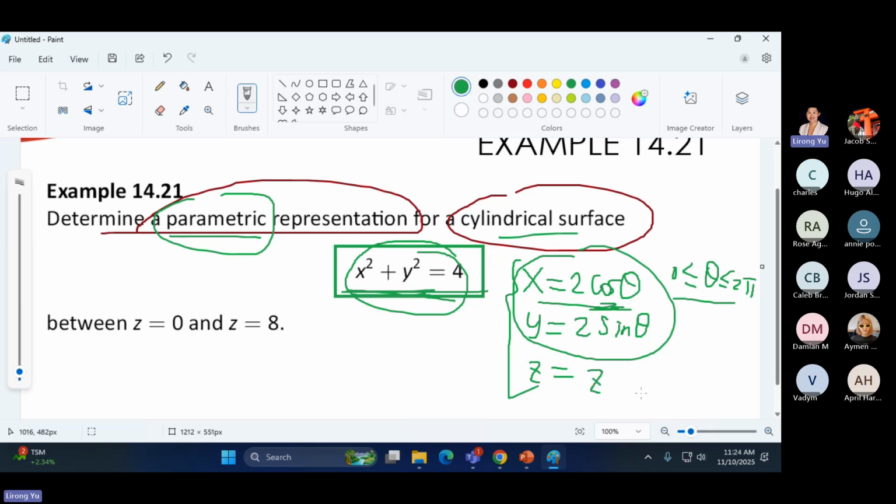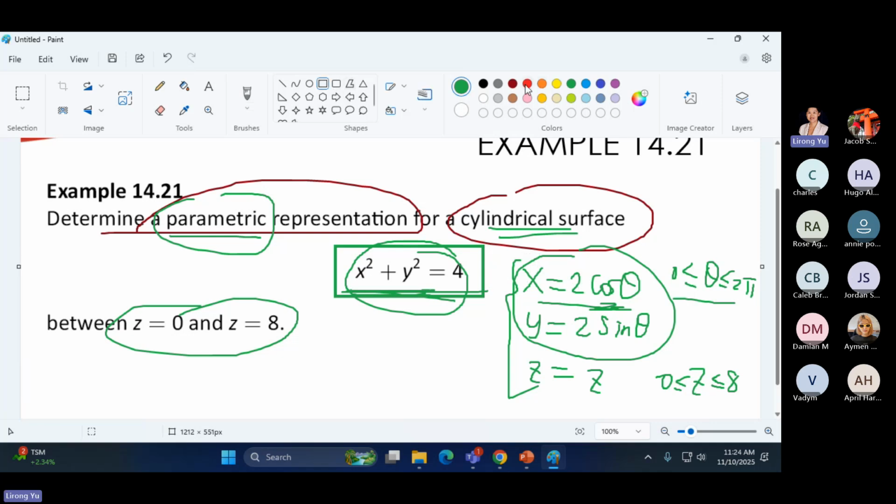Then, since we are only taking part of this surface, part of the cylindrical surface, z is between 0 and 8. So we say z is going to be between 0 and 8. So now, originally it was this equation. Now this is our parametric equation, because now you have a formula for x, y, z. And what's our input? You see, the input is theta.